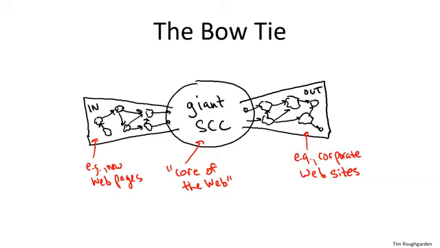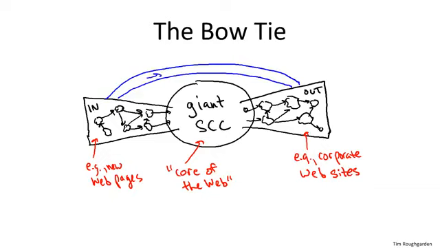Now, if you think about it, this does not exhaust all of the possibilities of where nodes can lie. There's a few other cases that frankly are pretty weird, but they're there. You can have passive hyperlinks which bypass the giant SCC and go straight from the in part of the bow tie to the out part. So Broder et al. suggested calling these tubes.